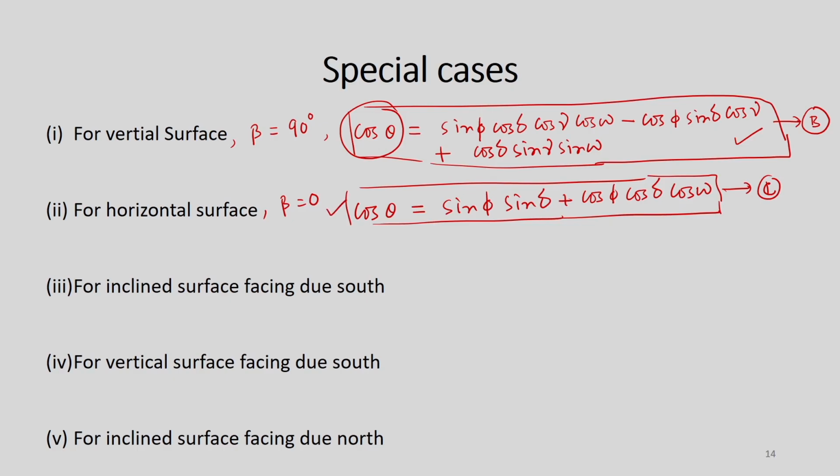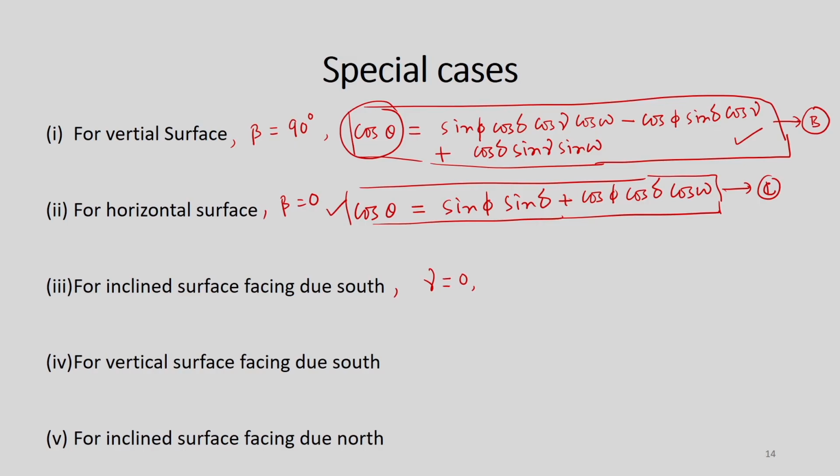Okay. For an inclined surface facing due south. Okay. So, due south means we have gamma is 0 and the inclined surface at a certain angle beta. So, only gamma will be 0 here.